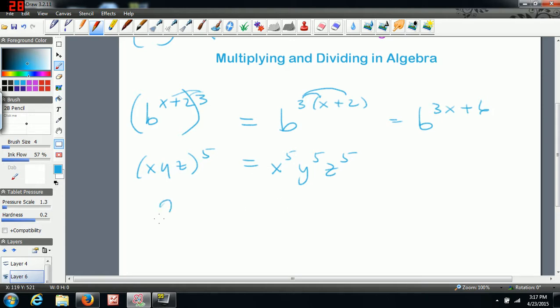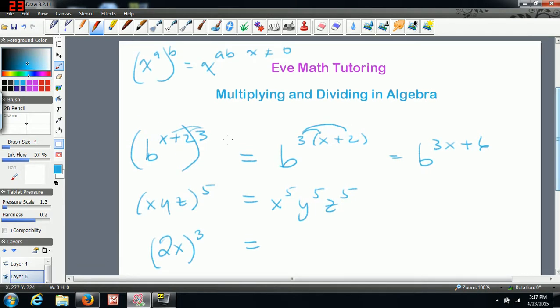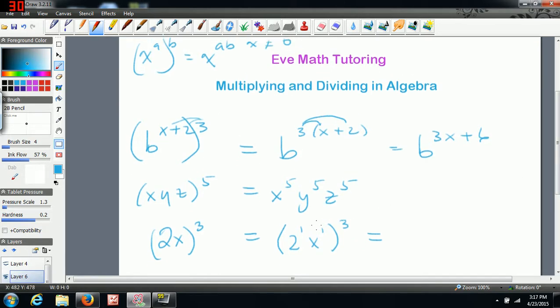If we had, say, 2x all to the power of 3, this rule here is going to apply. Now the 2 actually has an exponent of 1 that's not really written down. So I'm going to just write that here. There's a 1 here and there's a 1 here that you don't see, okay? So what happens is when you're multiplying something like this, it's going to multiply into both those exponents.